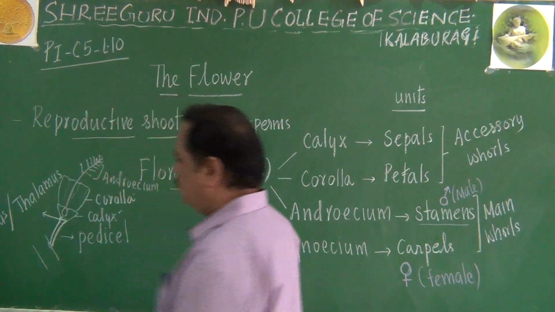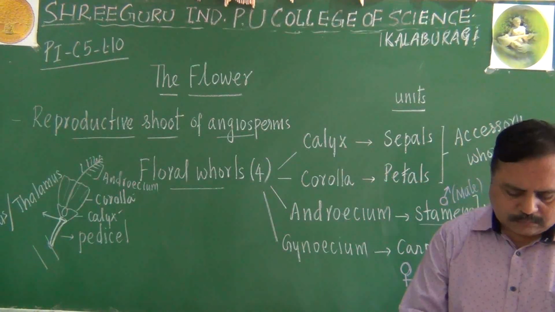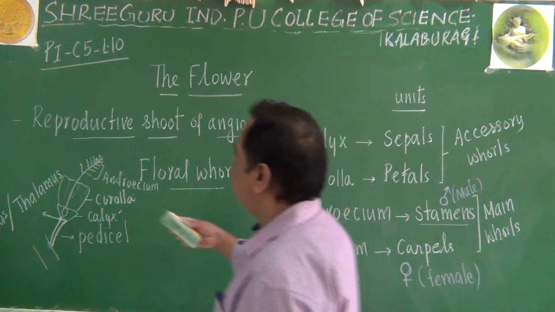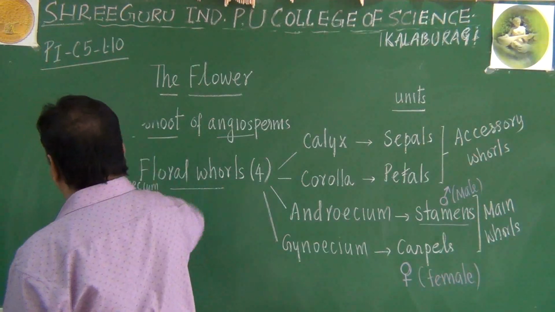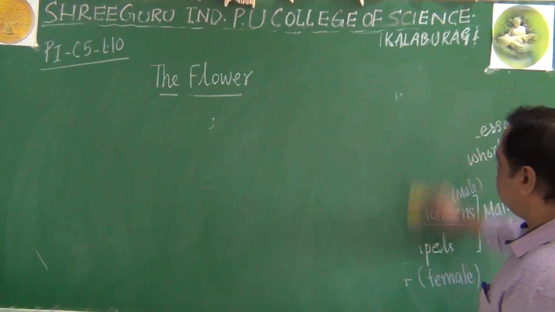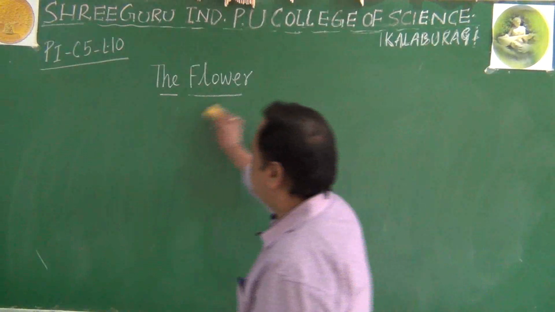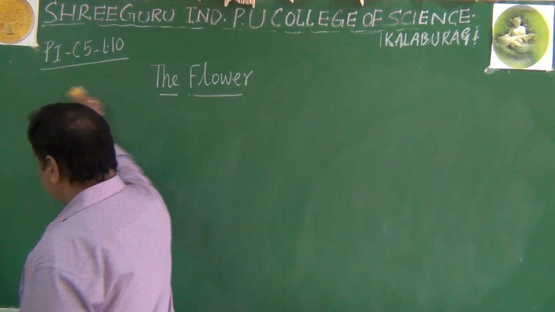Reproductive shoot. Okay, students, let me continue with some more terminologies related with a flower. Angiosperm refers to flowering plants.